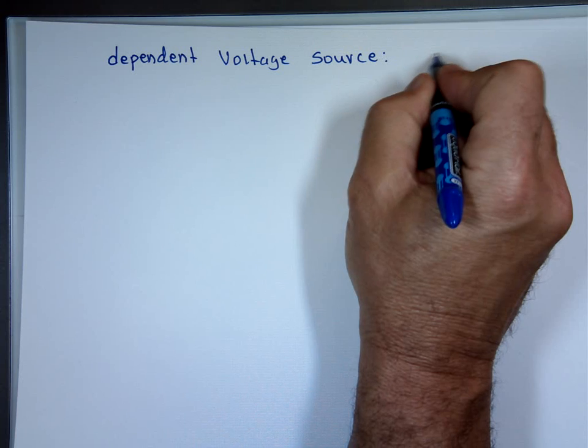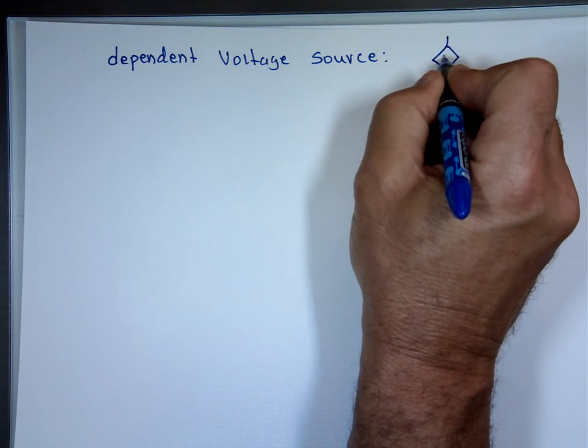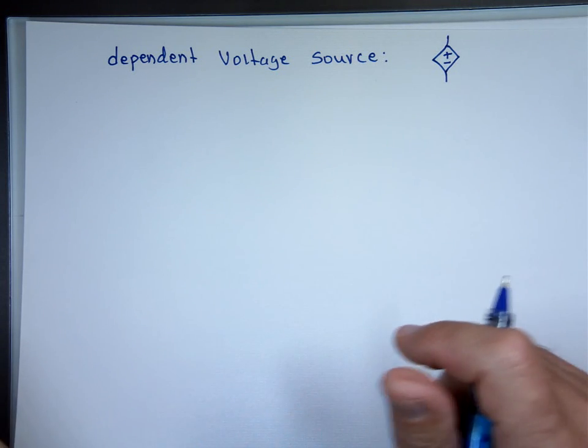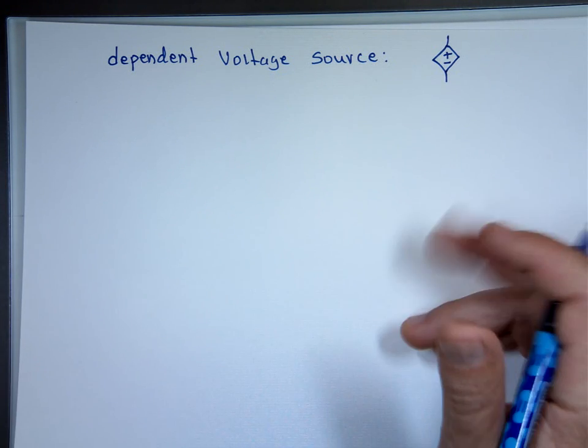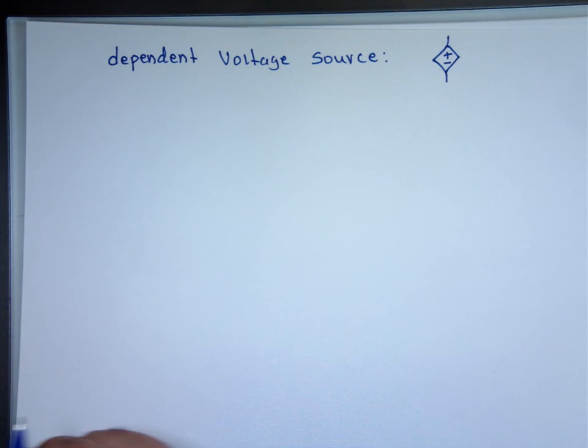Again, a dependent voltage source is just like the current source, except we'll have plus minus in it. And you can change the direction of it, the plus on the bottom, the minus on the top, it doesn't make any difference. That's a dependent voltage source.